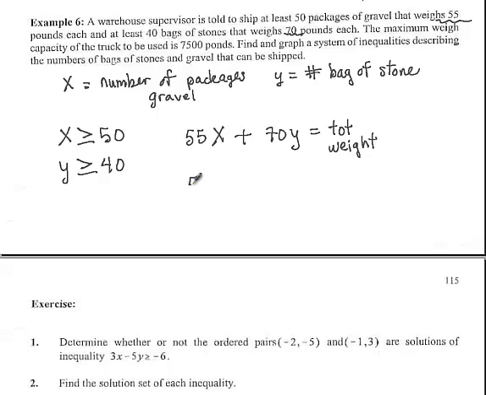So 55x plus 70y is less than or equal to 7,500.